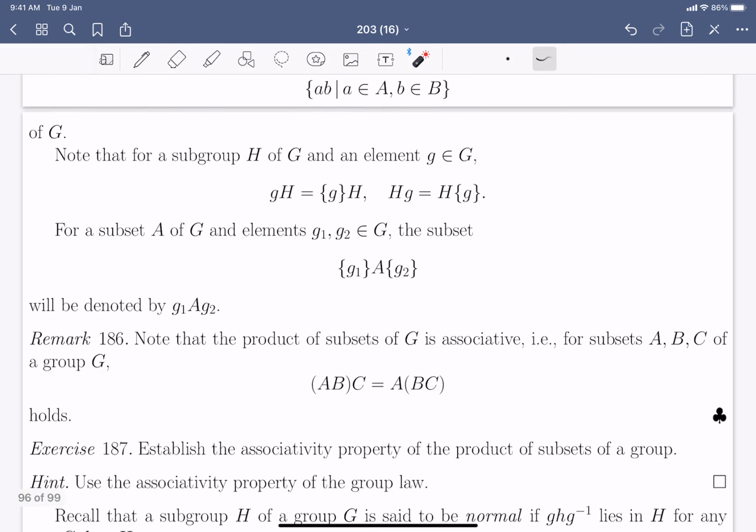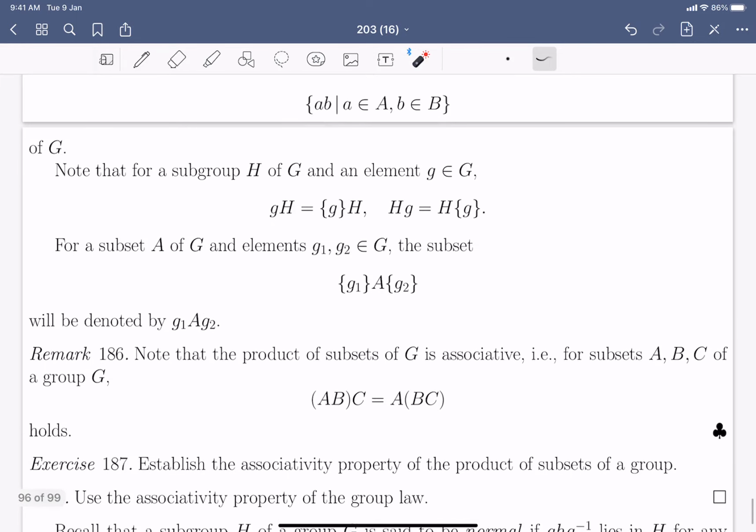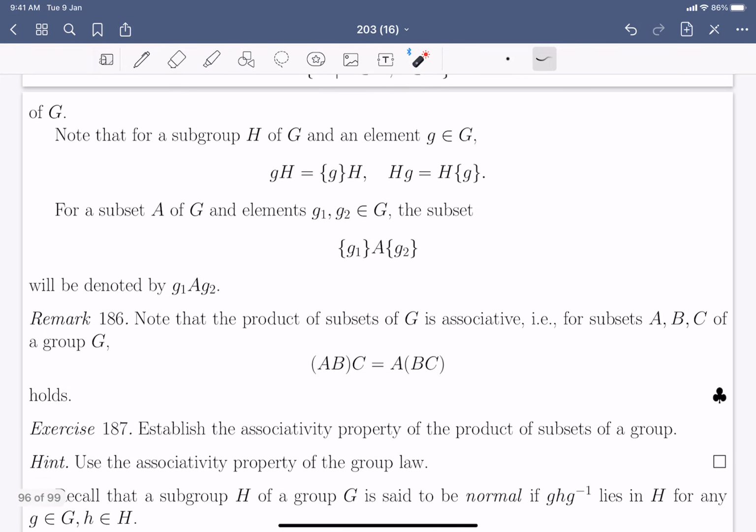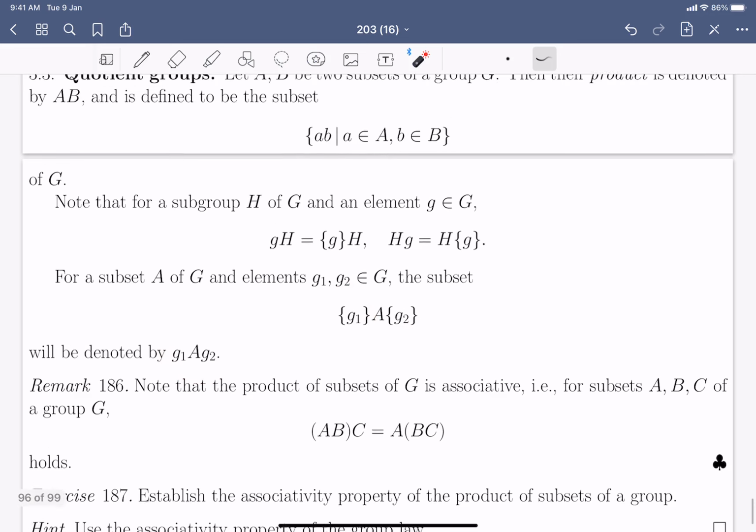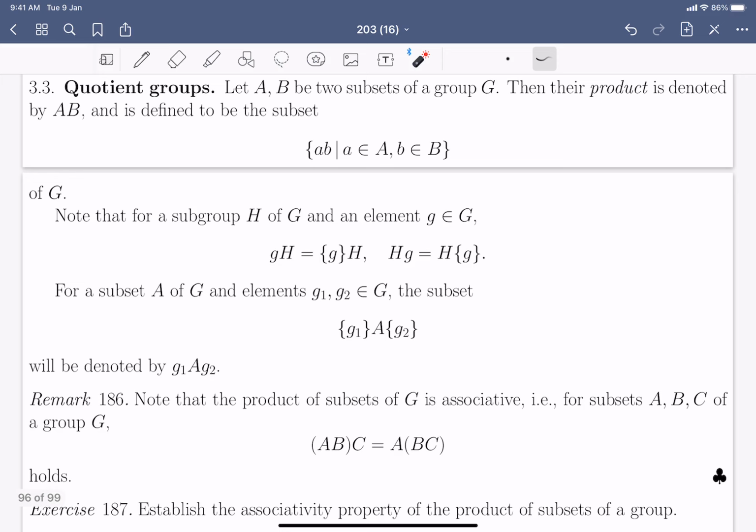And there is one more convention that is good to introduce at this point. If you take two singleton subsets, consisting of g1 and g2, and A is a subset of G, then the product of the singleton set, then A, and then the other singleton set, is denoted by g1 A g2. As of now, you can ask me that this can be interpreted in two different ways.